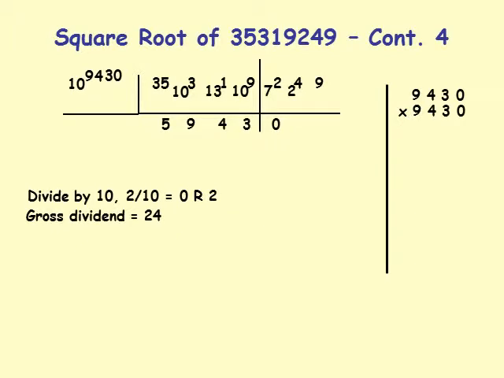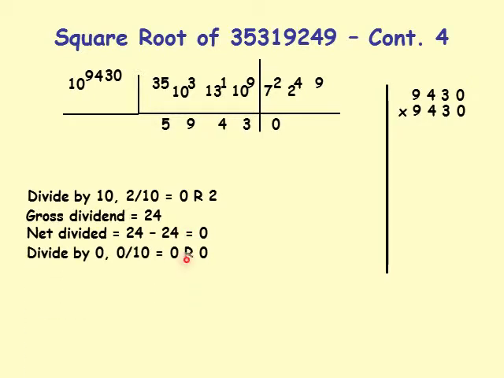We get 9430 here and 9430 here. That's the duplex of 9430. 9 times 0 is 0, 4 times 3 is 12, and another 12, 24. So now the net dividend is 0. We get 0, remainder 0. So 0 goes here, remainder 0 goes here, and the quotient 0 goes here.